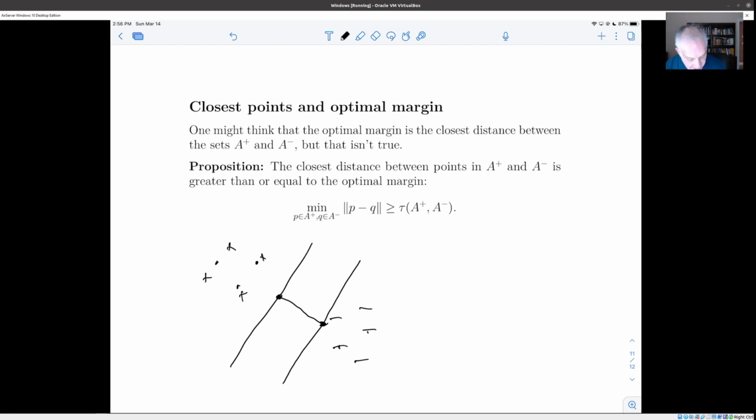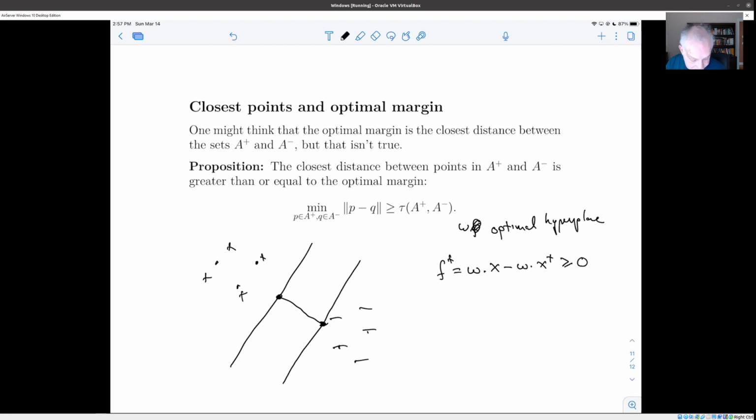So let's just remember what's going on here. We have our F, our optimal hyperplane, and we have our support points. So let's say W gives our optimal hyperplane. So we have F plus is W dot X minus W dot X plus bigger than or equal to 0.